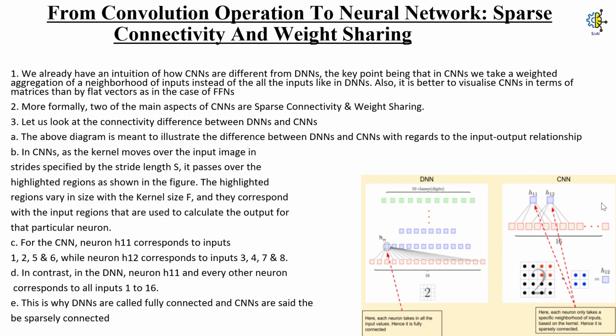For the CNN, neuron H11 corresponds to inputs 1, 2, 5 and 6, while neuron H12 corresponds to inputs 3, 4, 7 and 8. In contrast, in the DNN, neuron H11 and every other neuron corresponds to all inputs 1 to 16. This is why DNNs are called fully connected and CNNs are said to be sparsely connected.